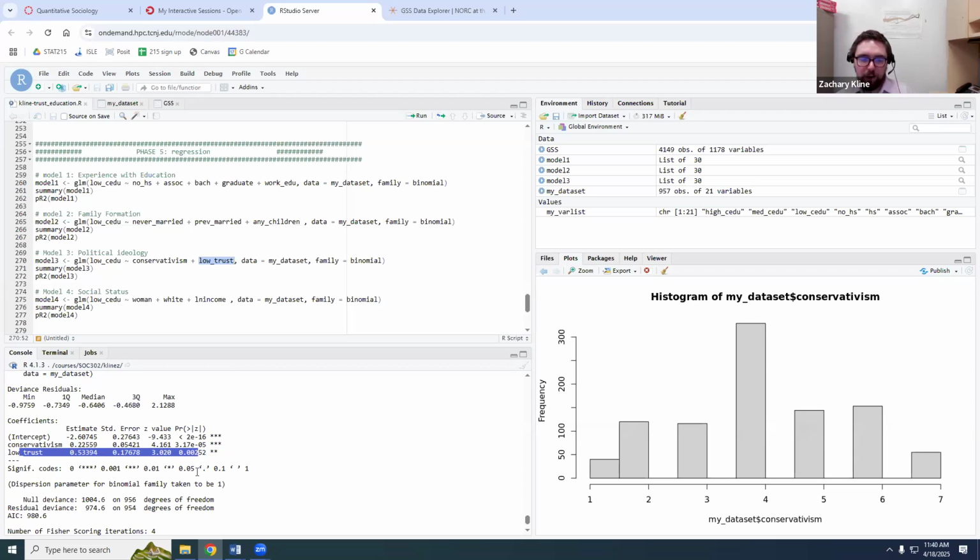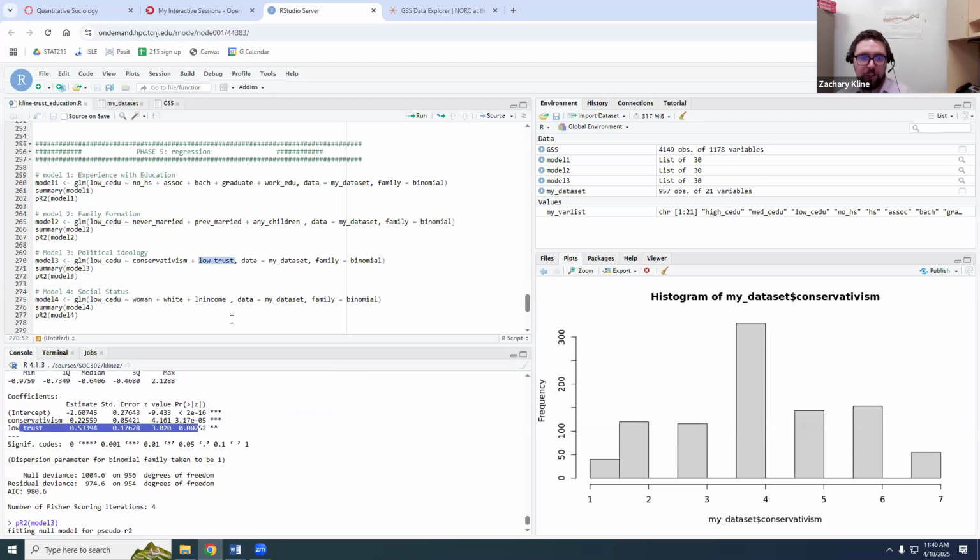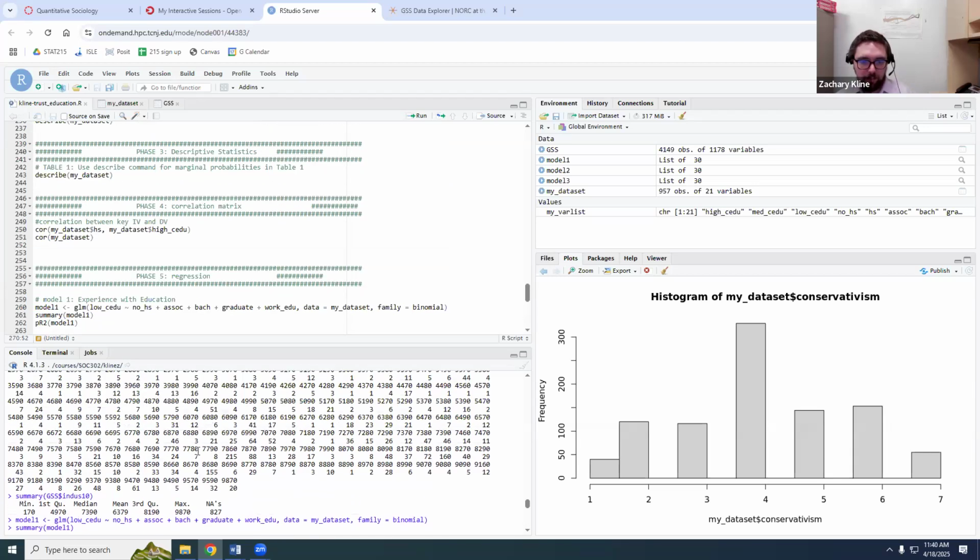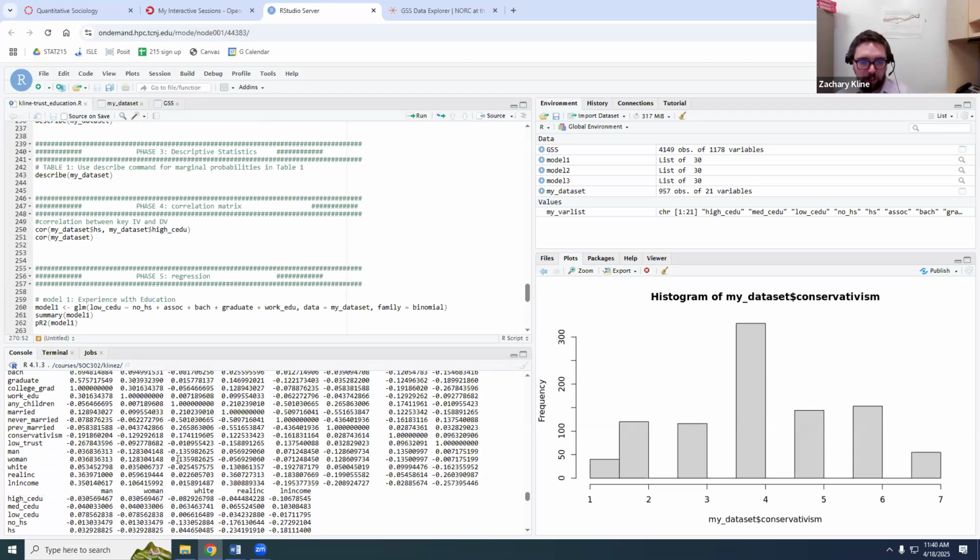Similarly, compared to those who do not have low trust in other people, those who have low trust in other people are more likely to say they have low trust or low confidence in education. This may be an example of one where we want to check for multicollinearity.